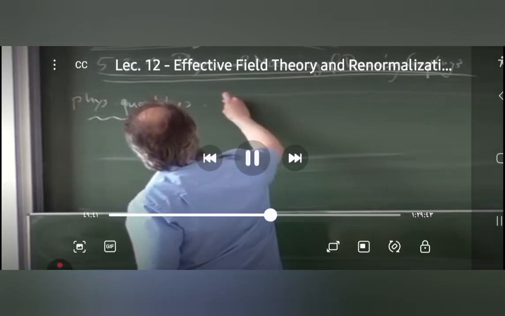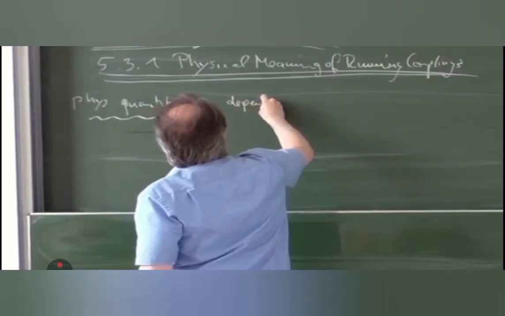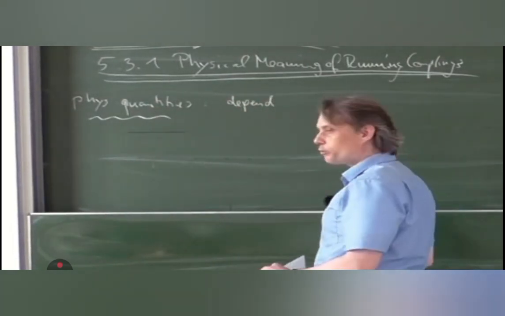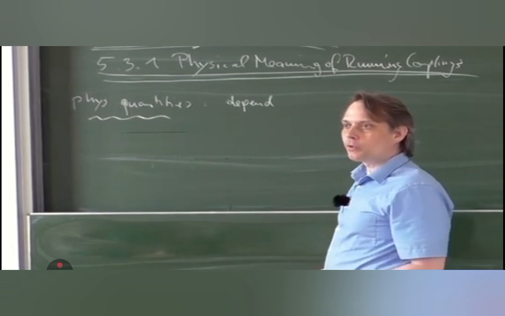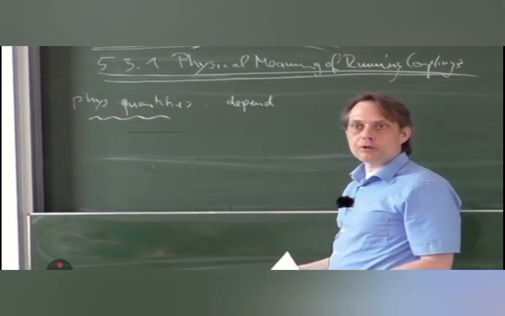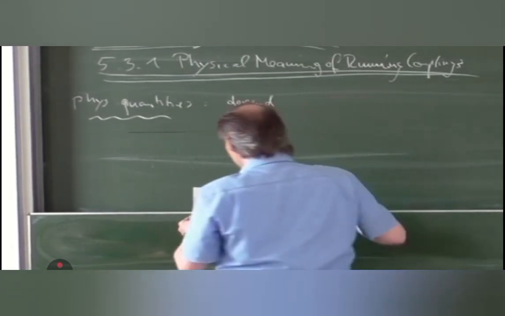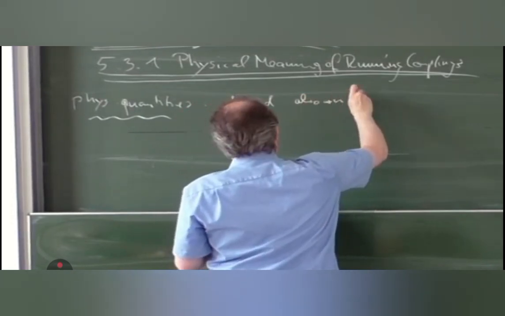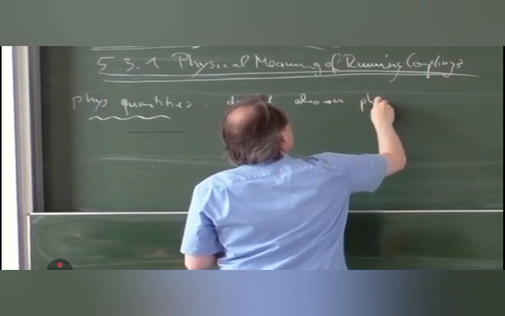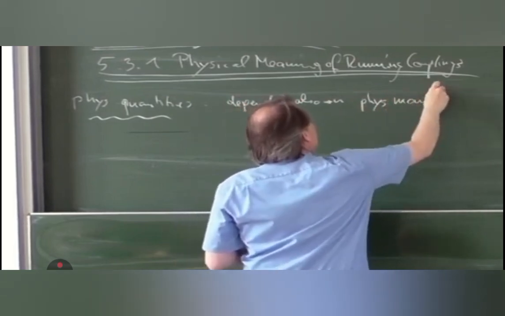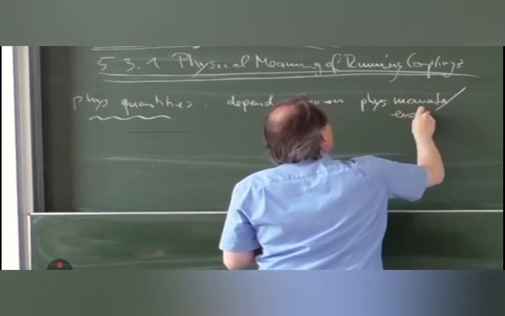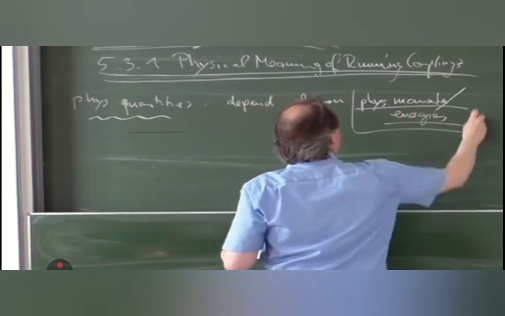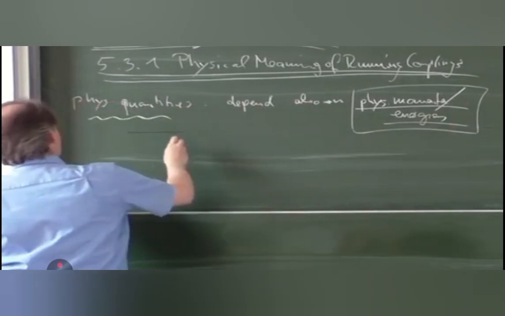And all these physical quantities depend not only on these parameters like g and mu and so on, but of course they first of all depend on physical quantities like momenta, energies of particles that appear in the process. So we should take into account the dependence on these physical quantities.